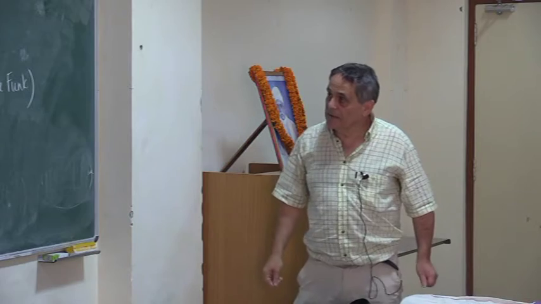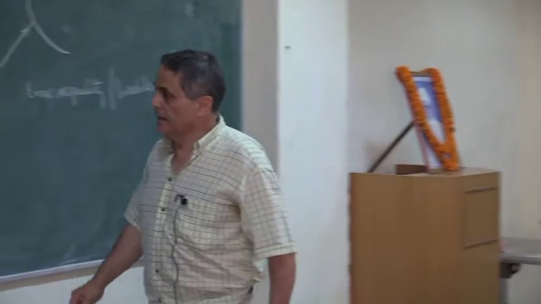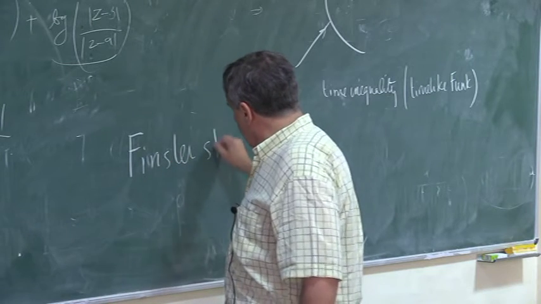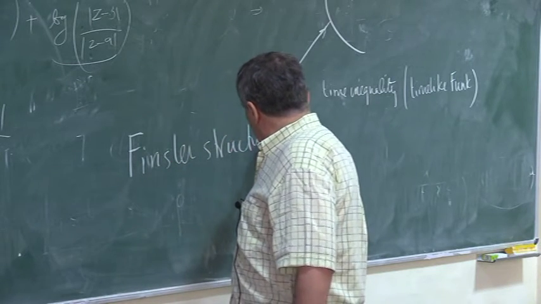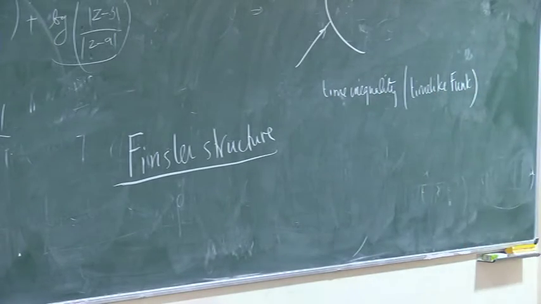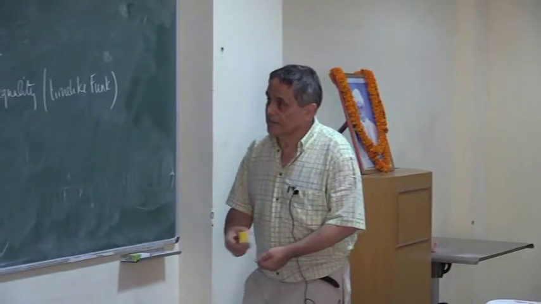Now I want to say something about the Finsler structure. You remember I showed you that the Finsler structure of the Funk metric is the tautological metric, that you have a family of norms on this open set, which are the different translations of this convex set omega.